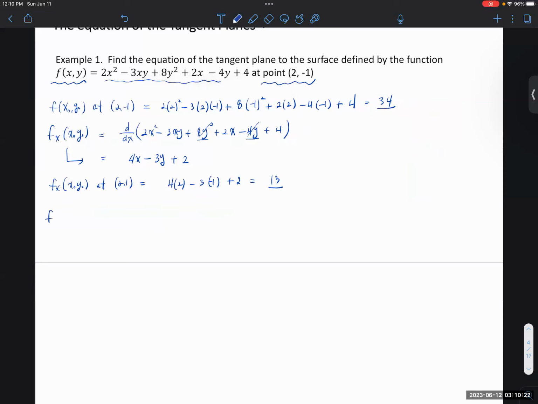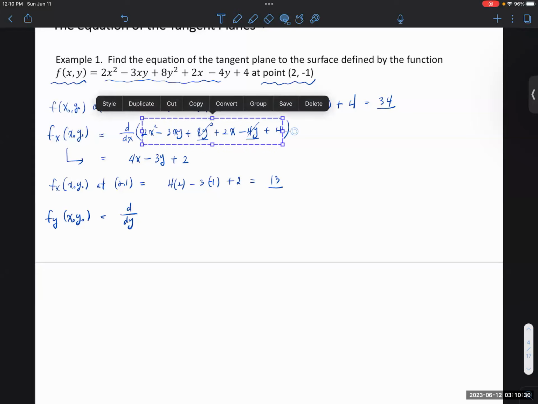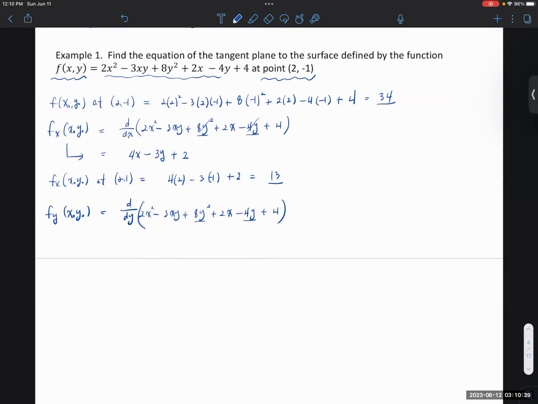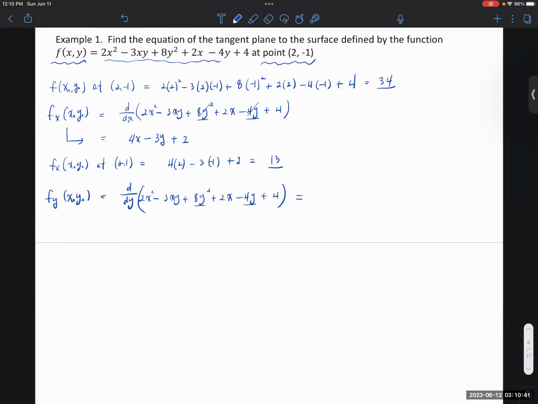Let's find out the partial derivative with respect to the y variable. So we are going to copy this, paste. So we are going to take the partial derivative with respect to y. So 2x², what do you guys think? This is going to be a constant, so we don't have anything, so that's going to be 0.